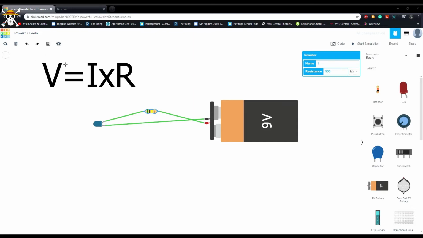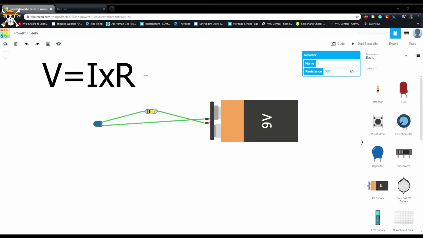The problem we're having today is figuring out how much current is going through the circuit at a certain point in time.